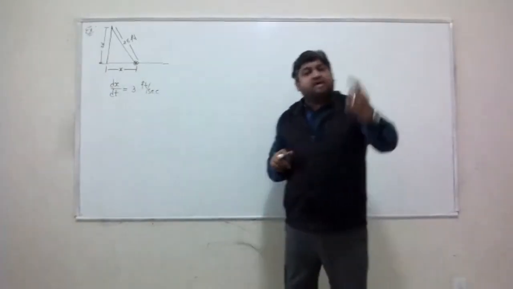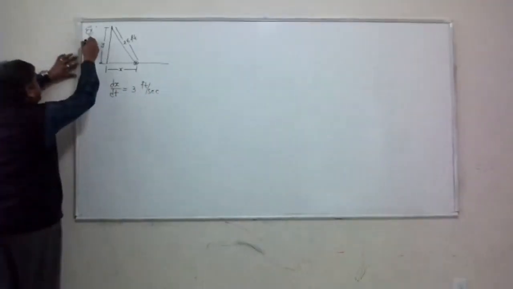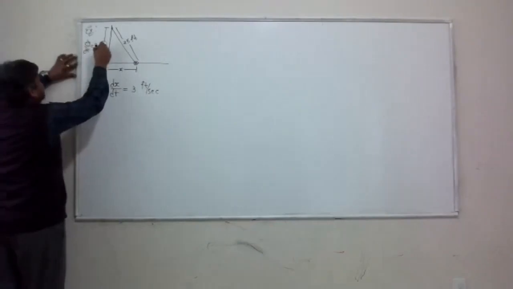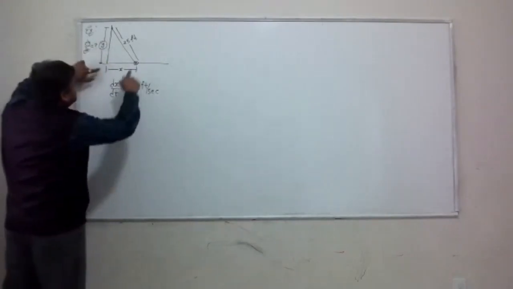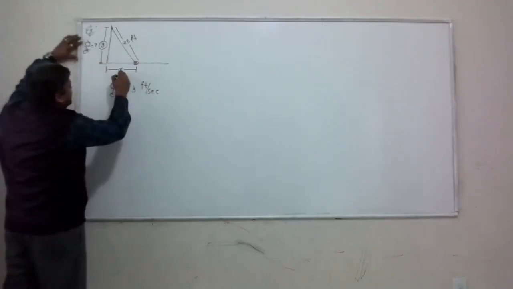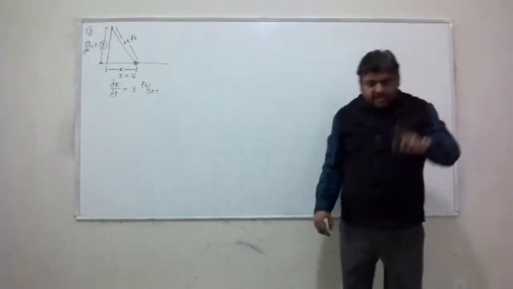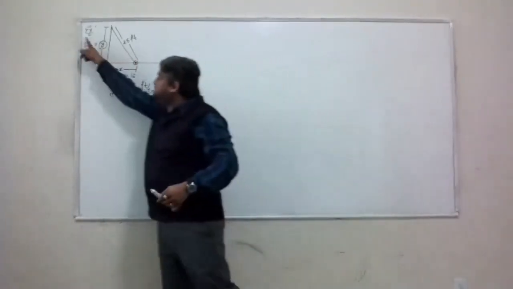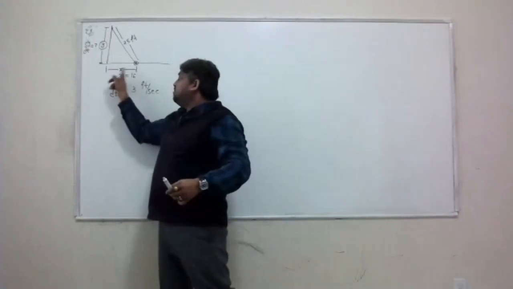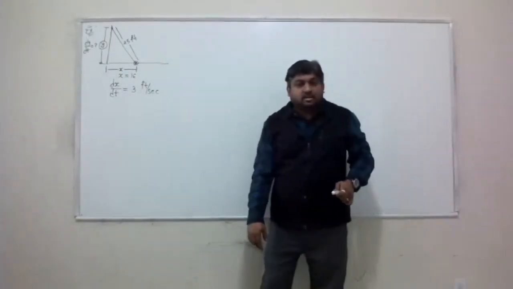Find the rate at which the distance between the top of the ladder and the ground decreases at the instant when the bottom of the ladder is 16 feet away from the wall. Again, understand, find dy by dt at the moment when x is equal to 16.